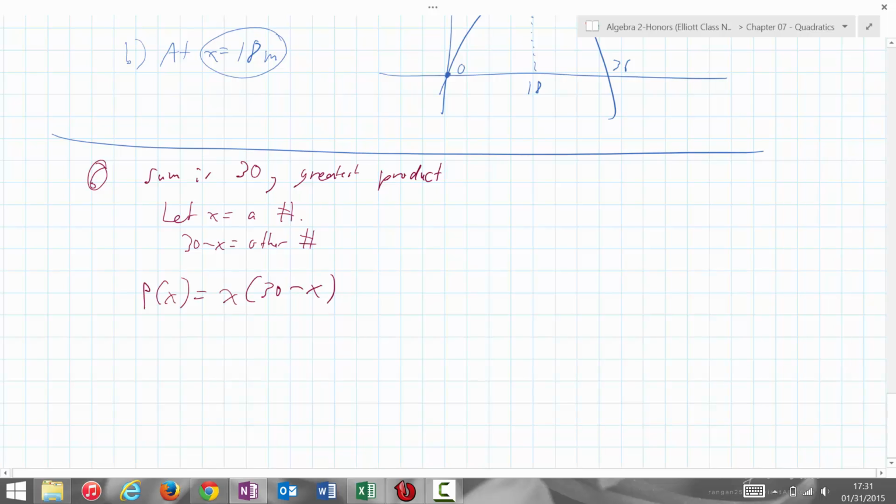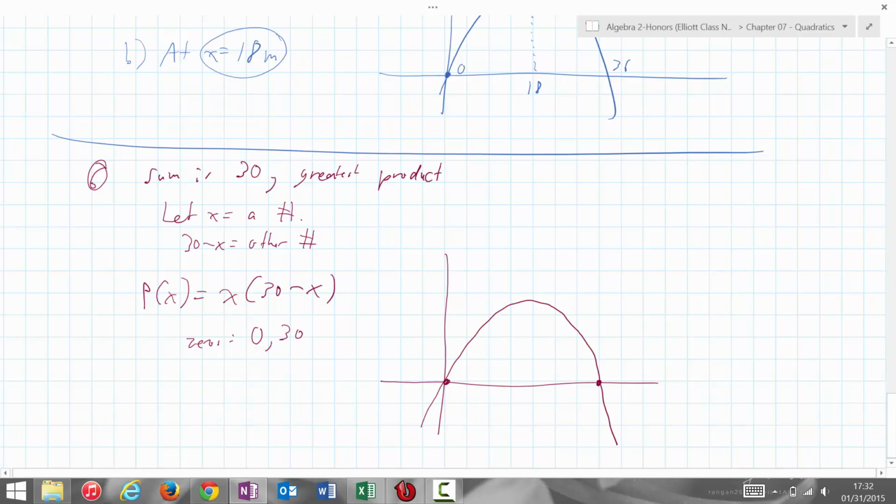Now, once again, let's try to do this without a calculator because we can do it very quickly. I know the zeros are 0 and 30, so if I'm trying to graph this, you may ask, how do I know it doesn't go like this? Well, think about if I multiply that out, I'm going to get 30x minus x squared. That's a negative x squared. That's a downward parabola. It has a negative a value.